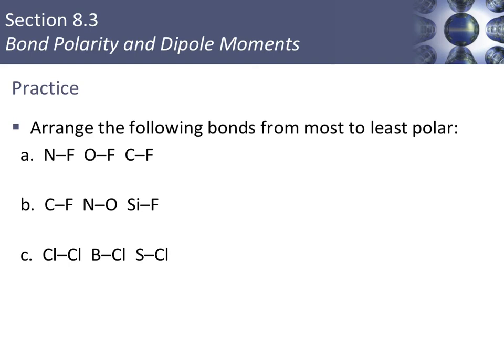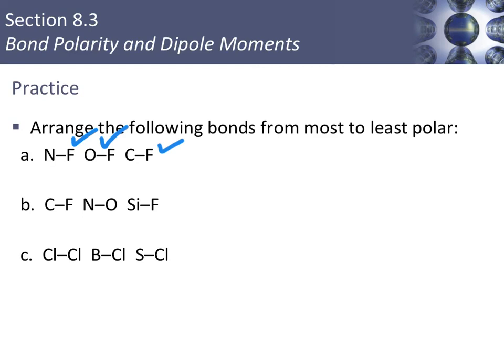Therefore, that one is the most polar. Then it's nitrogen and fluorine, and then it's oxygen and fluorine. Oxygen and fluorine are right next to one another on the periodic table. Their electronegativities would be the most similar, and therefore that would be the least polar bond.